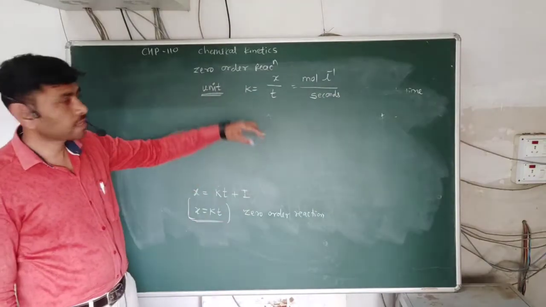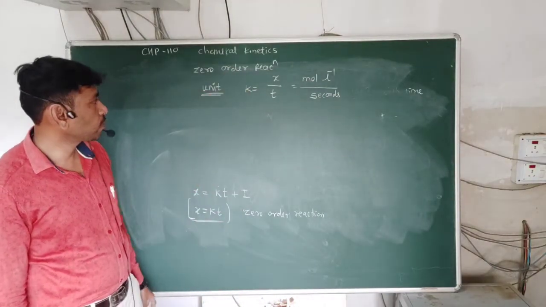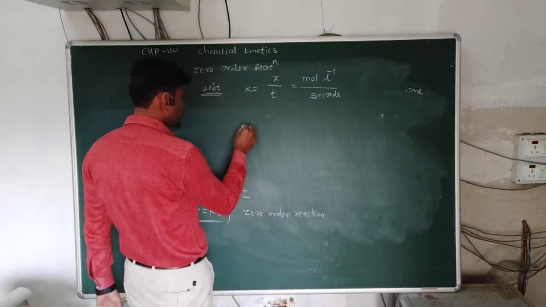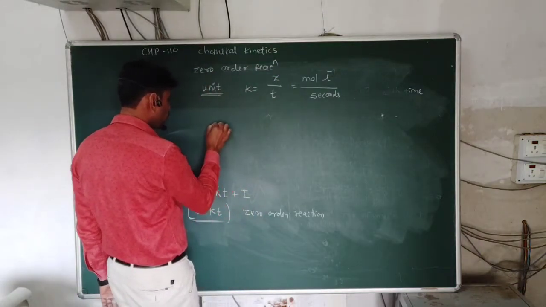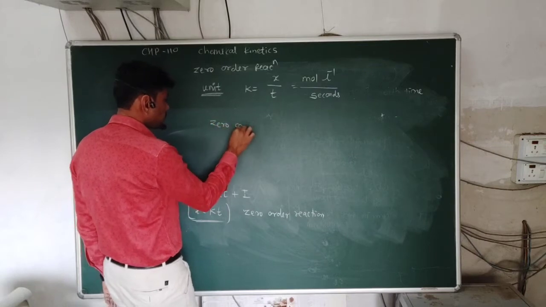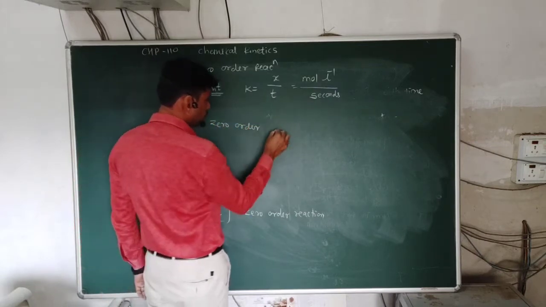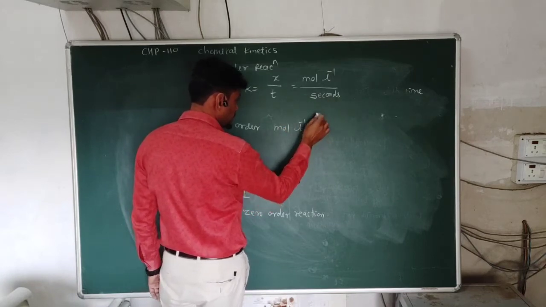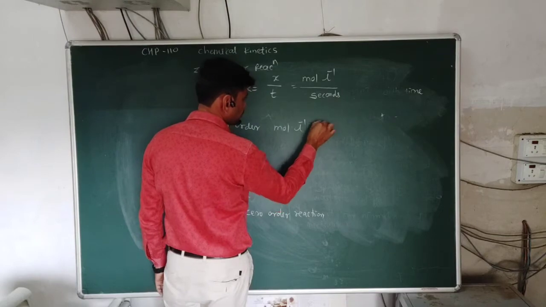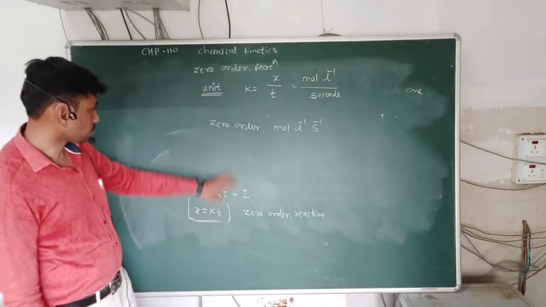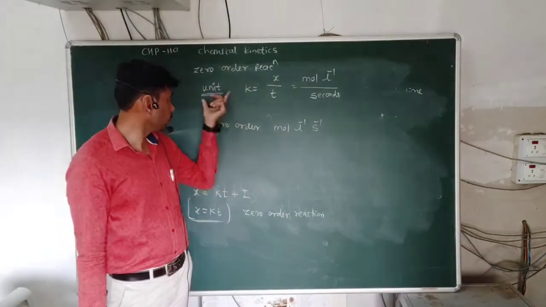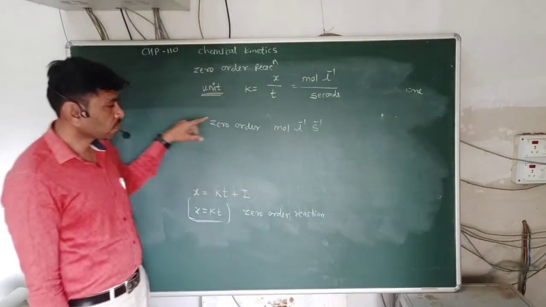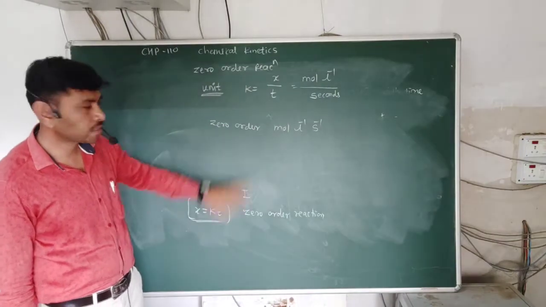So the unit for the zero order reaction rate constant is moles per liter, and since time is in the denominator, per second. So the unit for zero order reaction is moles per liter per second.